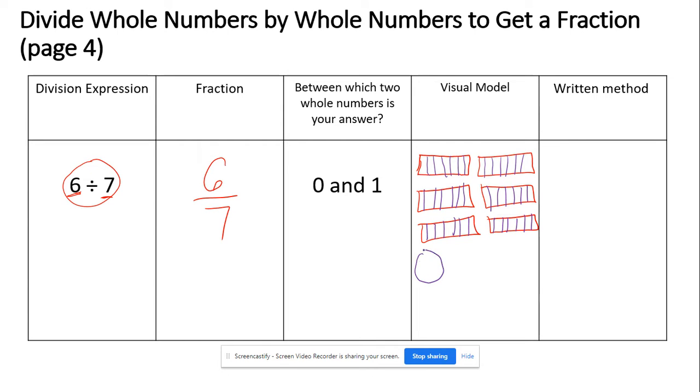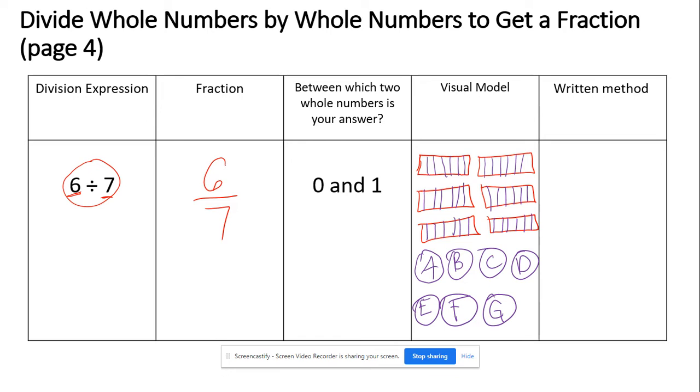So if we had 7 groups here, we can label this A, B, C, D, E, F, and G. We have 7 groups.